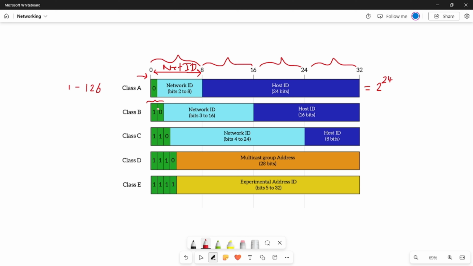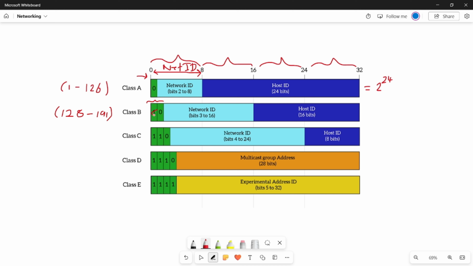Another way to identify a class B IP address is to remember that it is in the range of 128 to 191. So if the given IP address contains a number between 128 and 191 as the first block, we can simply say this is a class B IP address.